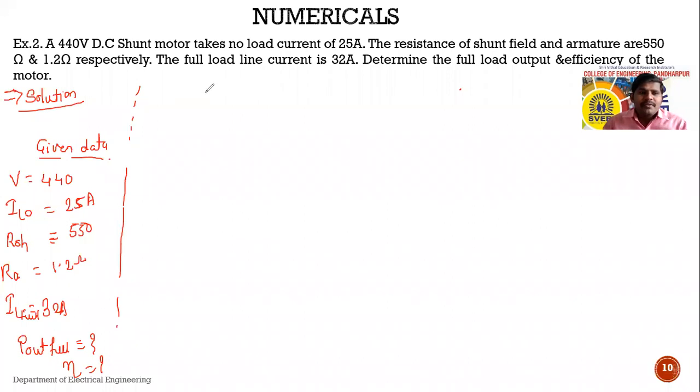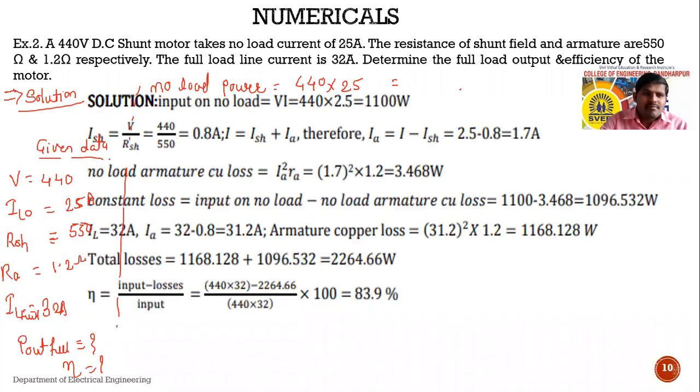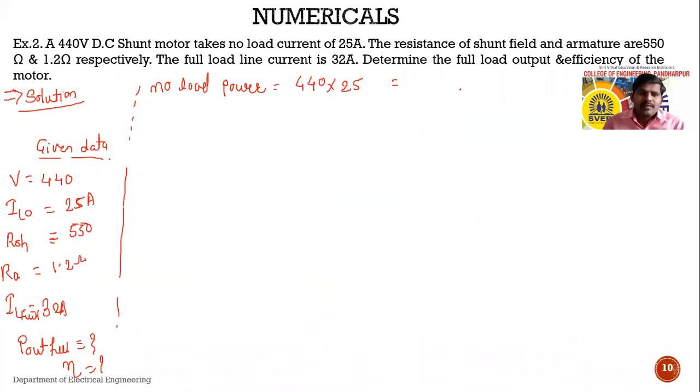See, the power input at no load condition, that is no load power, is equal to supply voltage 440 into the current taken from the supply at no load condition. Here it is not 25, it is 2.5.